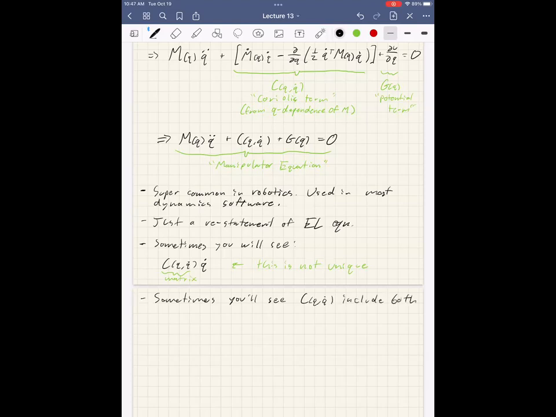basically wrapping both the Coriolis term and the potential term into a single C term. And when they do that, they call this the dynamic bias term.